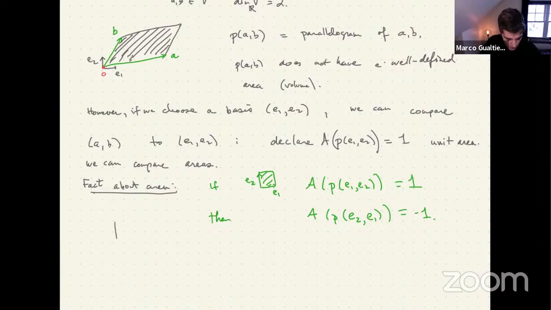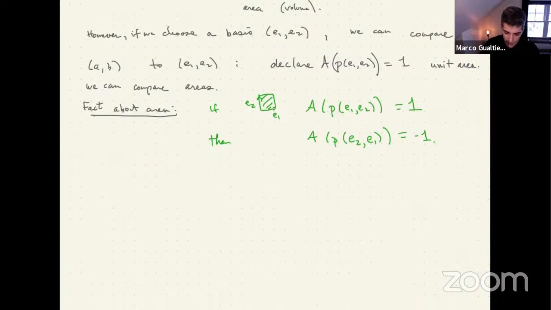The basic idea is that if you have E2 and E1, in that order, then in order to compare it with the original, you need to flip the E1 and E2.